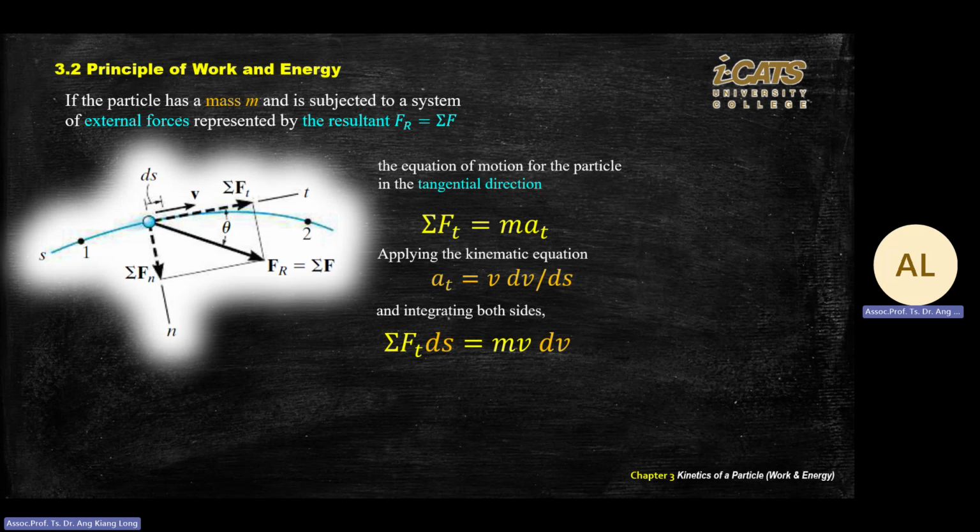This side, what do you get? m you cannot integrate, you pull it out, m is a constant value. You integrate v dv, what do you get? v squared divided by 2, right? And then you multiply m. Half mv squared is what? Kinetic energy.